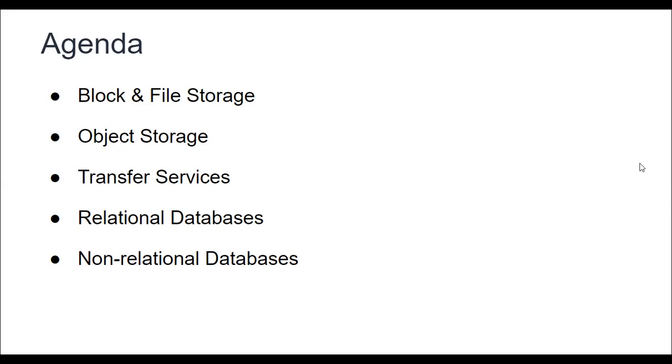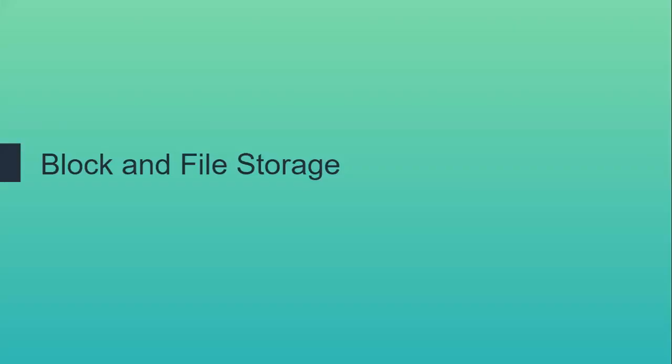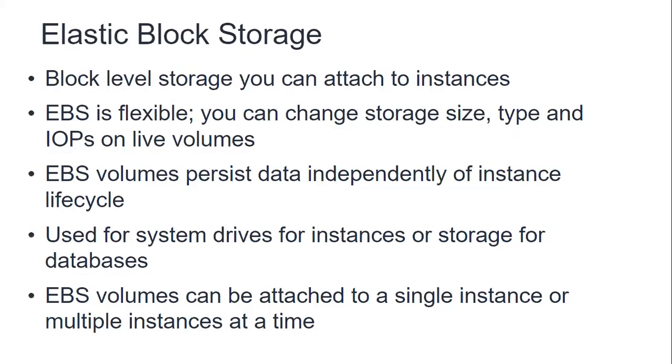So let's look at block storage. There's a service on AWS called the Elastic Block Store, or block storage. It's shortened as EBS. And anytime you create an EC2 instance, you're likely to also create an EBS volume.